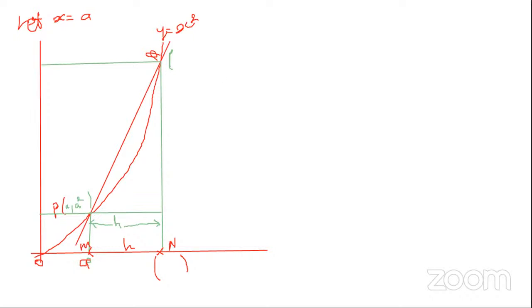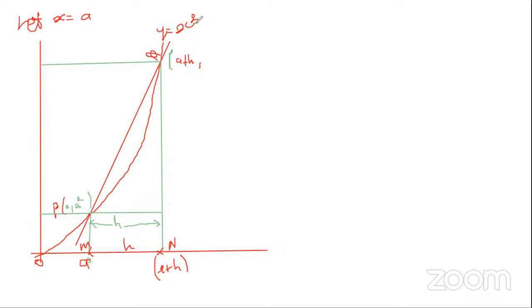A plus h. Thank you. Now that means the x coordinate for Q is going to be a plus h. So if that is the x coordinate, what would be the y coordinate using y equaling x squared?